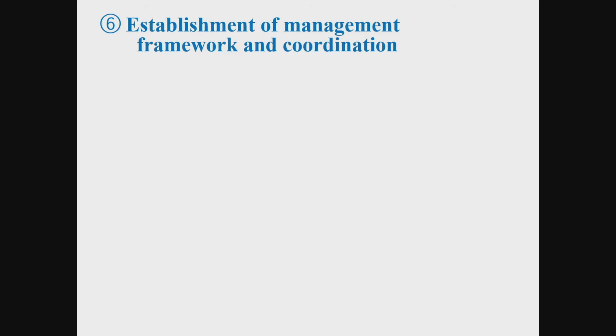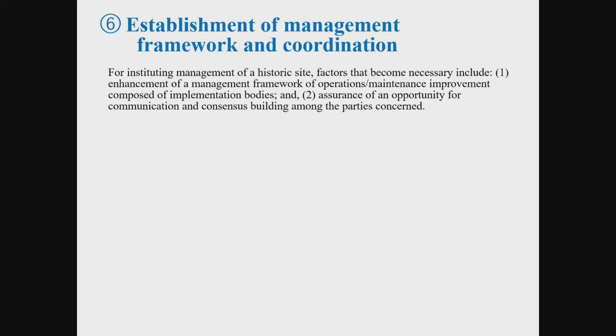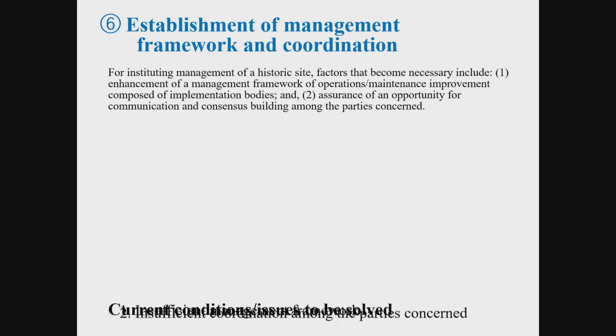For the point 6, this slide explains the establishment of a management framework and coordination. To manage a historic site, necessary factors are 1. Enhancement of a management framework of operations in implementation bodies, and 2. Assurance of the communication and the consensus building among parties concerned.